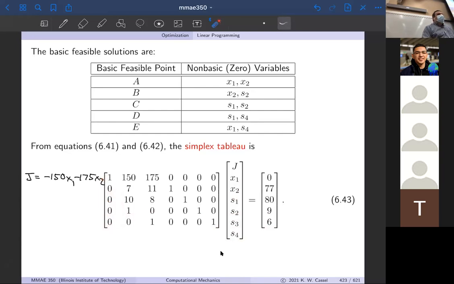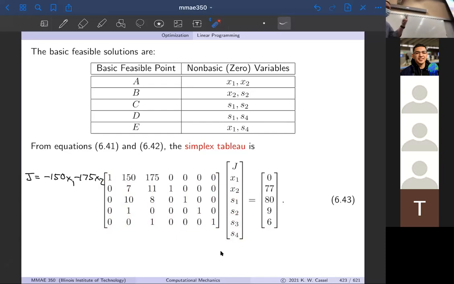Great. Then the number of columns should be the total number of variables. I have J, I have the design variables, X1 and X2, and then I have the slack variables, S1, S2, S3, S4. So I should have 7. 1, 2, 3, 4, 5, 6, 7.